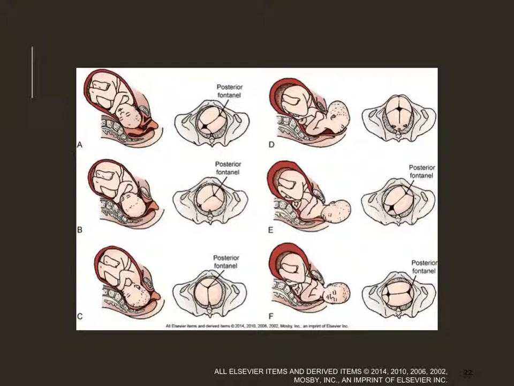This is the pictures of the mechanism of labor. There are 7 cardinal movements, and the wording did not come up on yours. They are in your textbook. Page 351, paragraph says mechanism of labor. The 7 cardinal movements are engagement, descent, flexion, internal rotation, extension, external rotation, and then finally birth by expulsion.